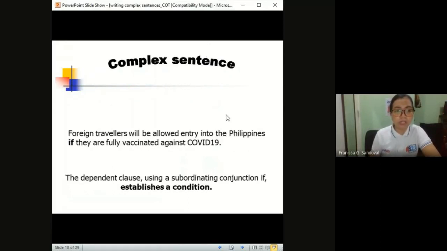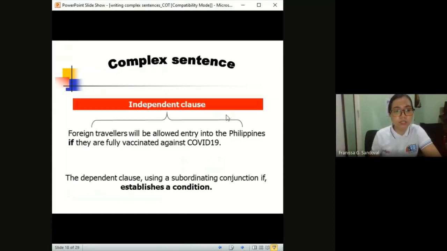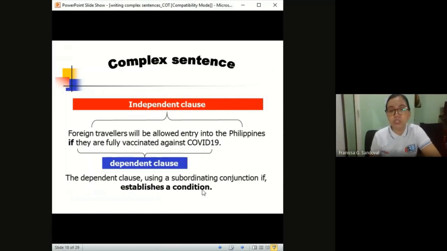Here, in the complex sentence, foreign travelers will be allowed entry into the Philippines if they are fully vaccinated against COVID-19, the dependent clause, using a subordinating conjunction if, establishes a condition. The foreign travelers can enter the Philippines in the condition that they are fully vaccinated against COVID-19.